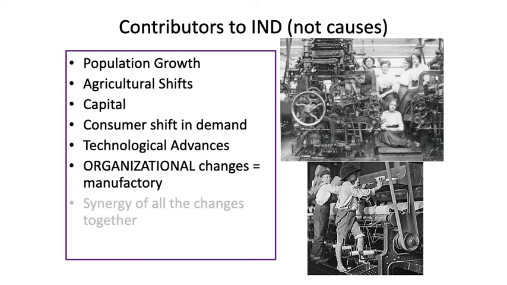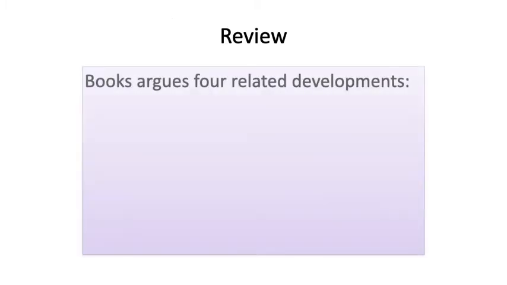So when you look at the synergy, the combined energy of all of these changes put together, they really do lower the cost of production and the cost of distribution of goods at a very high level, greater than I could even put across in a video.